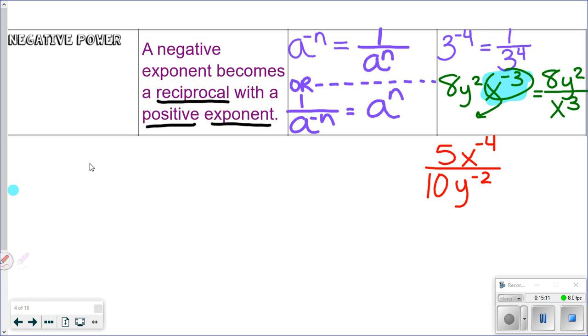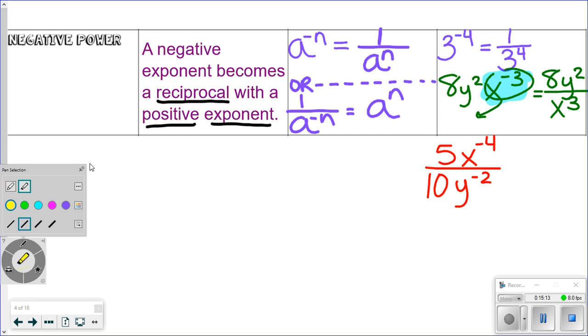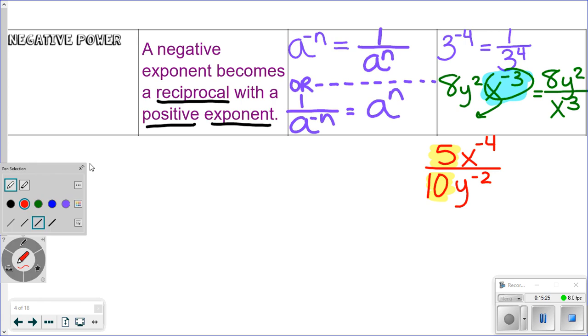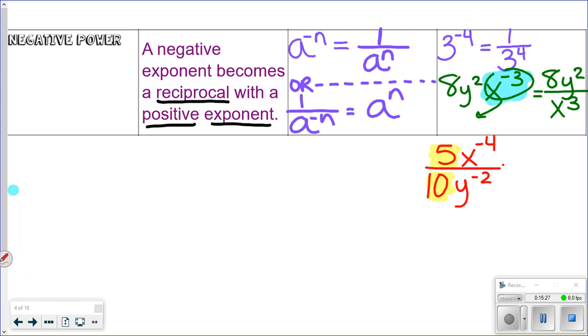So I have two numbers out in front, two coefficients here. I have 5 and 10, and this is a division problem, so I want to divide. What is 5 divided by 10? Go ahead and type it into your calculator and write down your answer. It's 1/2, 1 over 2.